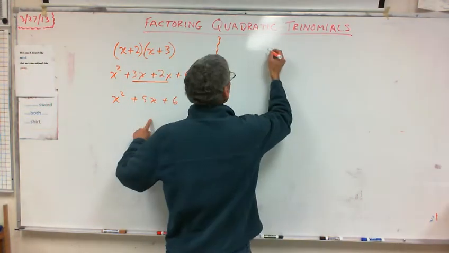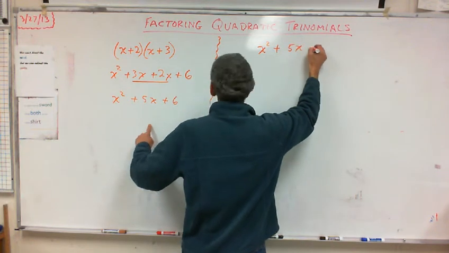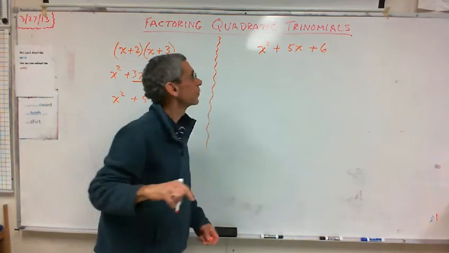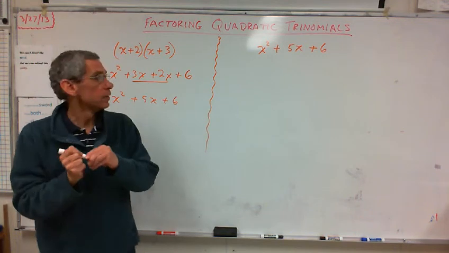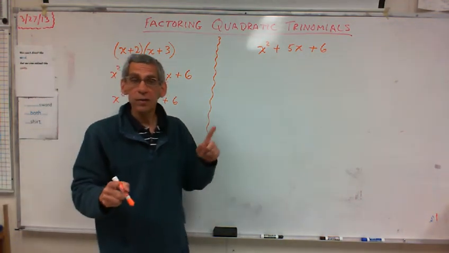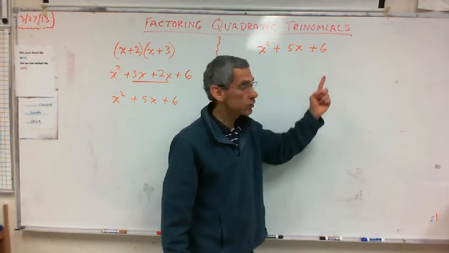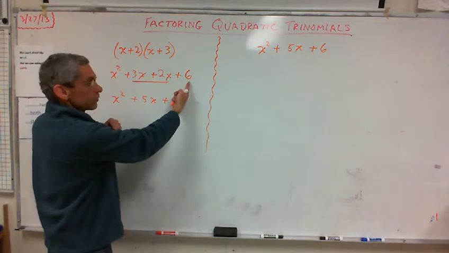So I'm going to rewrite this now. We've got x squared plus 5x plus 6. This stuff is so cool, you guys. I love doing this. I absolutely love this. So you take factors of 6. Notice those last two are factors of 6.